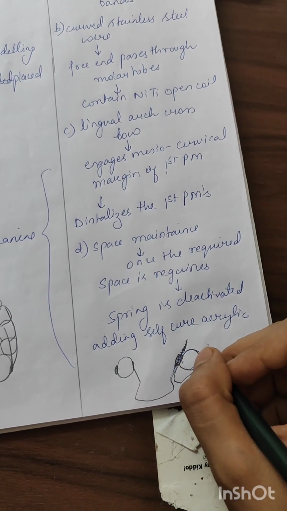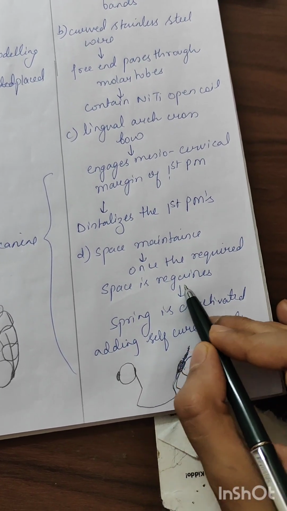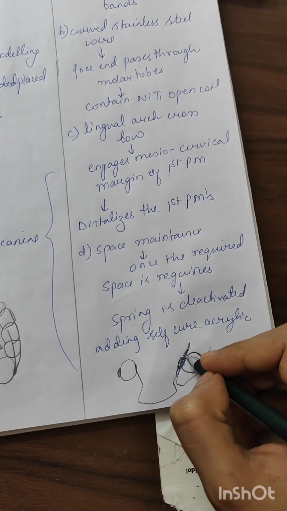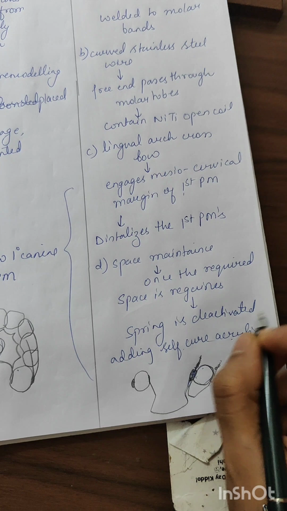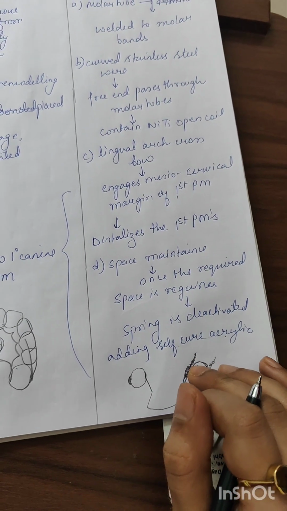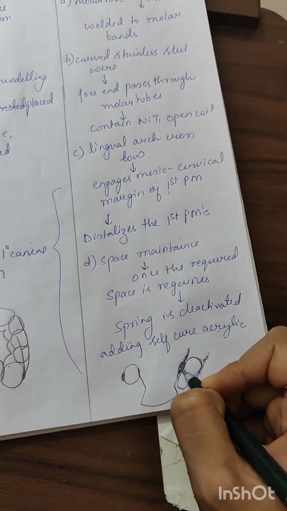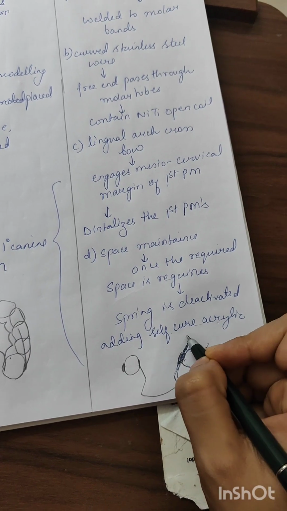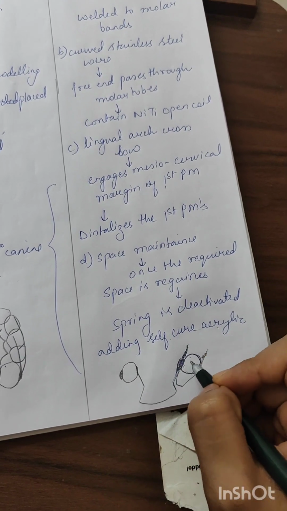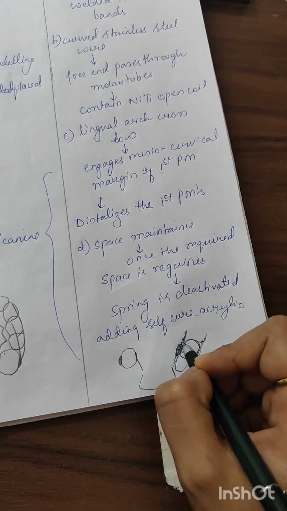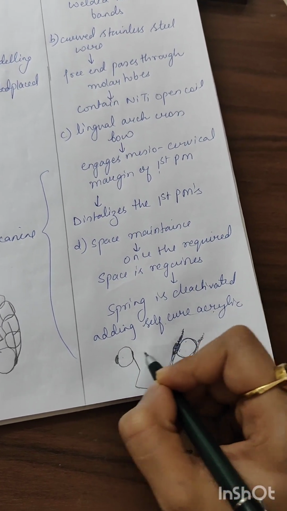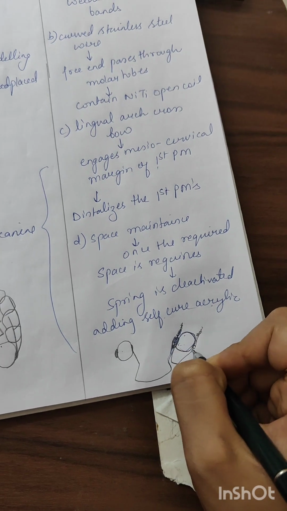Now for space maintenance: once the required space is regained, you just deactivate the spring and add self cure acrylic, and it will act as a space maintainer. So it is known as the lingual arch crossbow double banded space regainer.